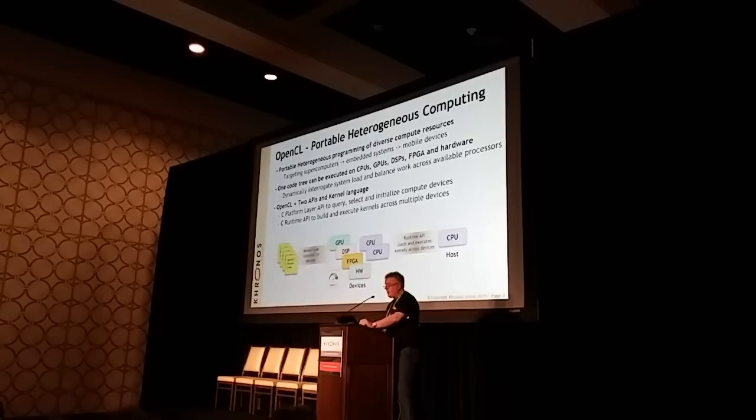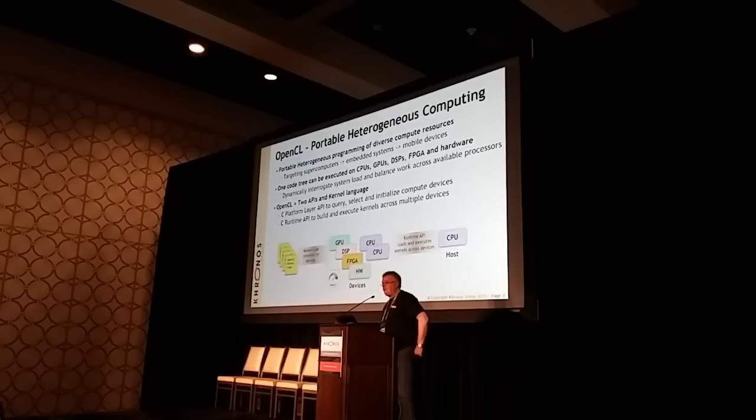And if you haven't come across OpenCL before, it's a parallel programming framework that lets you write single source programs that will use any compute resources in your system. So there's actually a kernel language and two APIs in OpenCL.